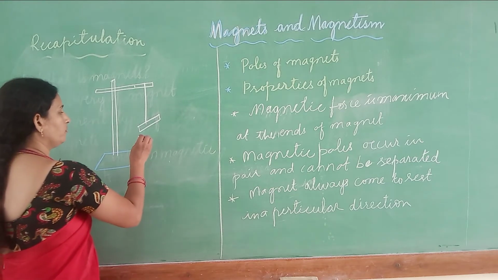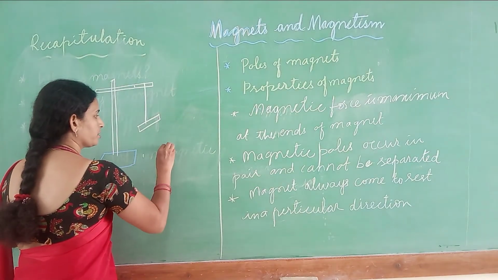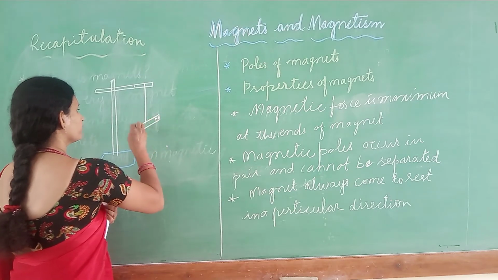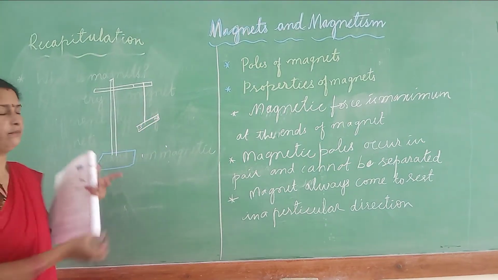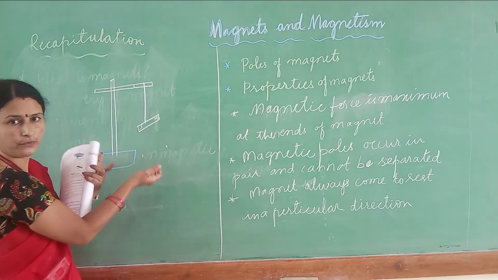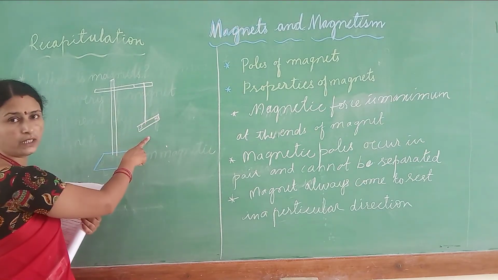When it comes to rest, mark here in which direction it has come to rest. Again, one more time, allow this magnet to rotate and wait for 5 or 10 minutes. Again it will come to rest.